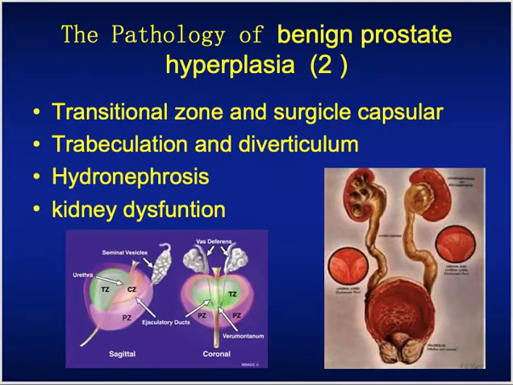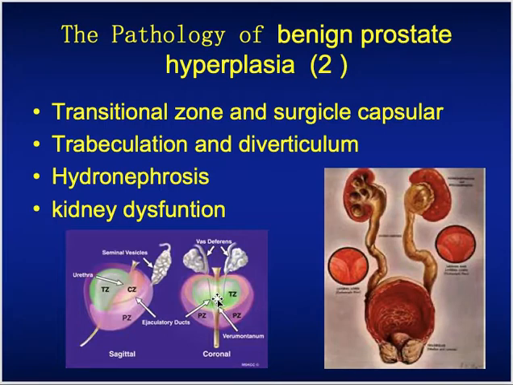So simply, what happens is there is proliferation of the cells in the transitional zone, this zone, and due to this proliferation they get enlarged, and once they get enlarged, they press on the urethra.